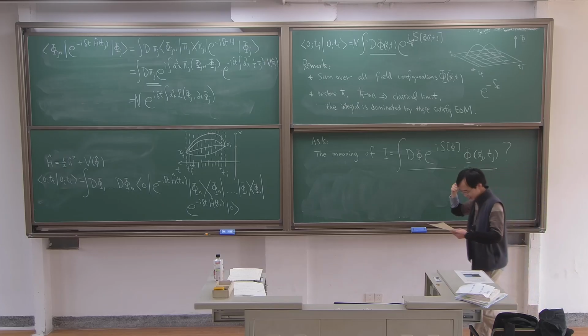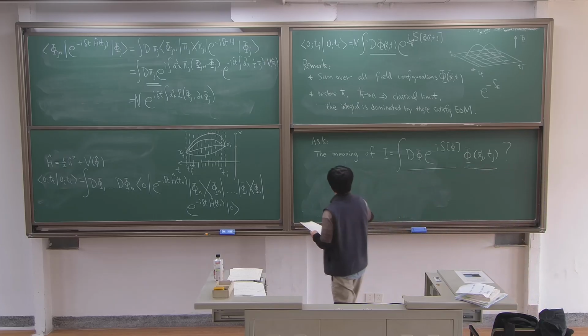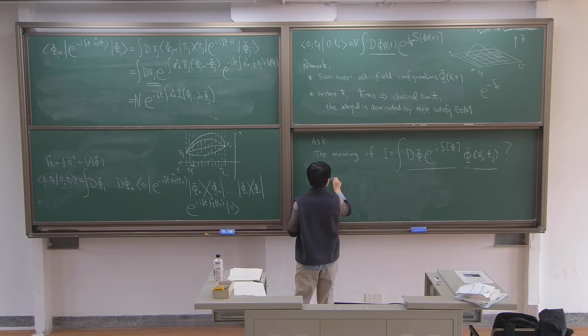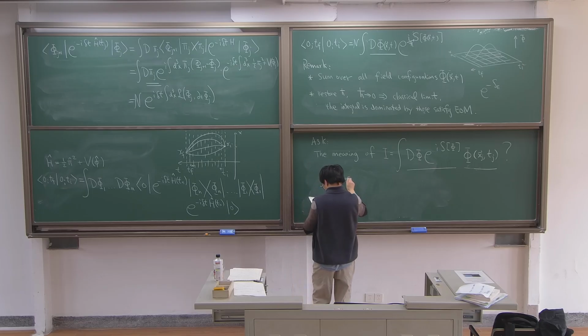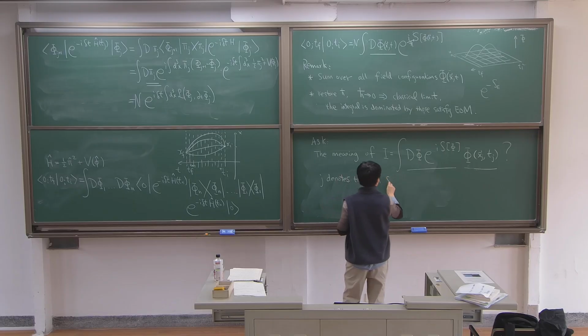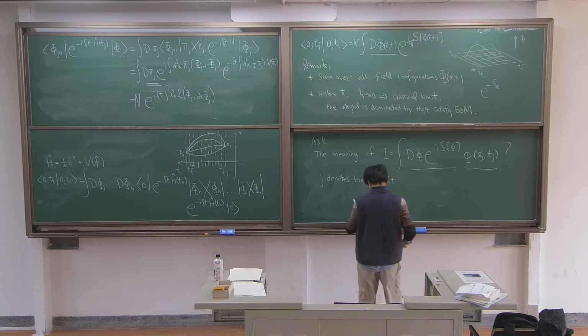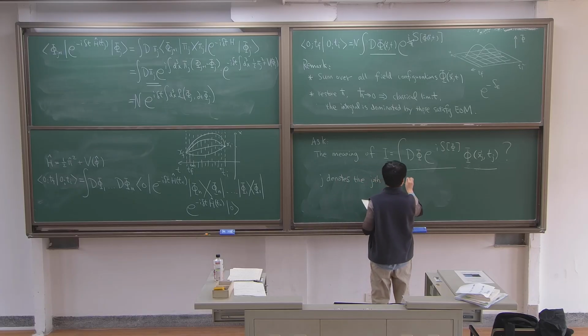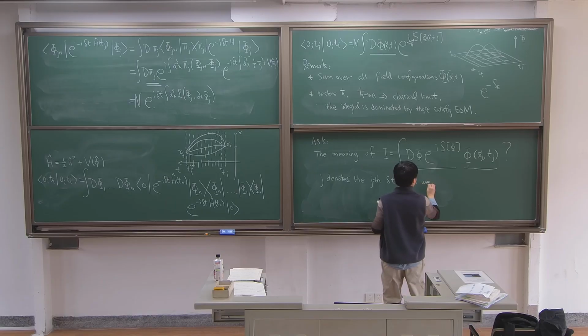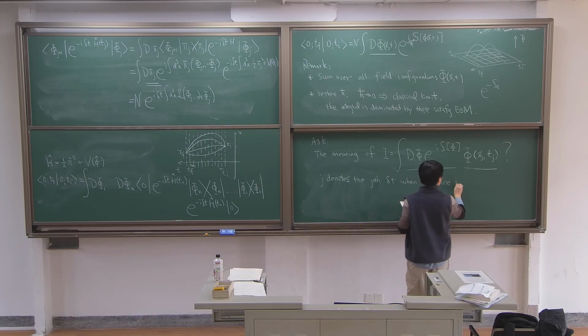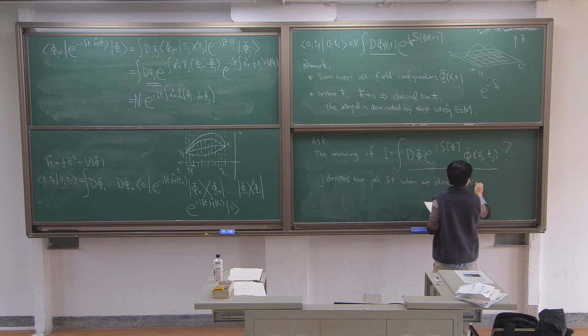Then I can try to go back. So j knows the j's delta t when we slice the time.